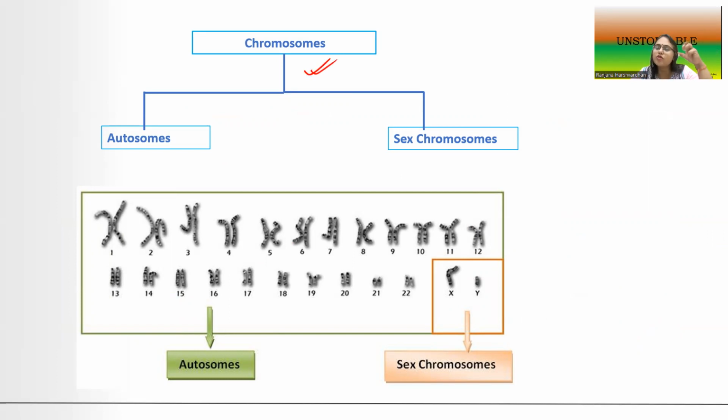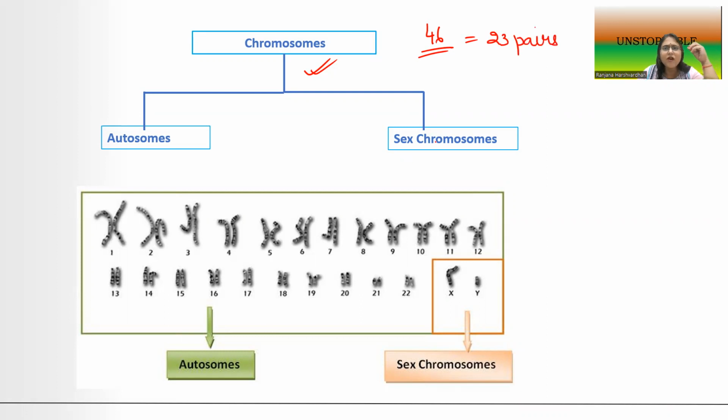Now, we all know that chromosomes are the hereditary material which get passed on from one generation to the next. They are the bearers of heredity, bearers of the characters from the parents to the offspring. So in human beings, how many chromosomes are present? In human beings, 46 chromosomes are present in 23 pairs.